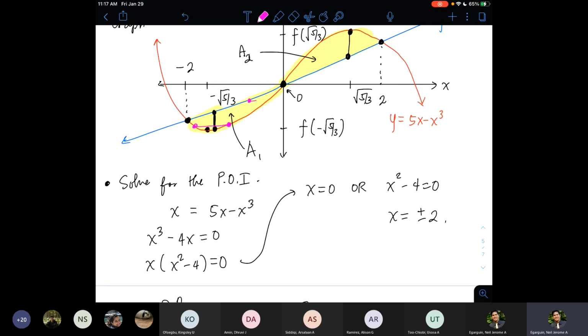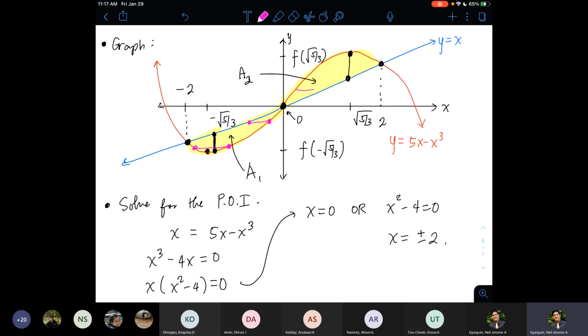Over here, a horizontal strip will have right boundary the red function and the left boundary the blue one. Then over here, you will have a blue on the right, a red on the left. And then here, you will have a portion of the red and another portion of the red on the left.